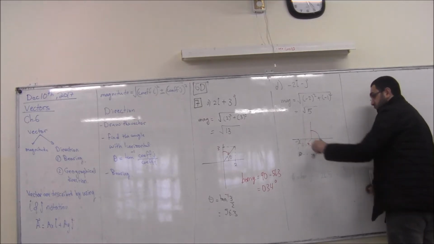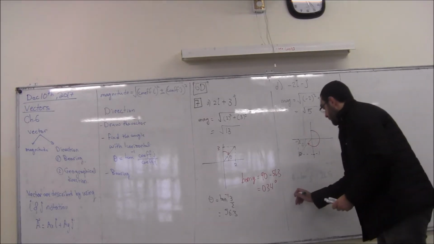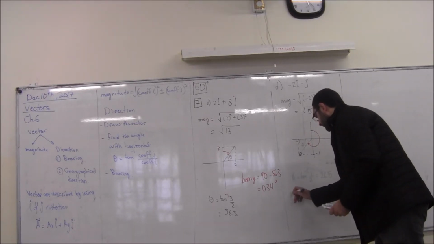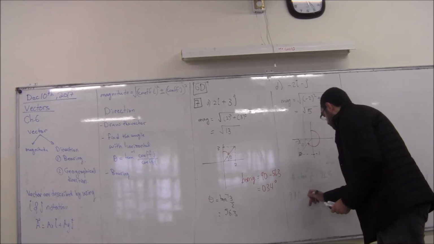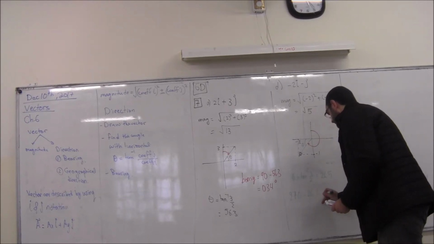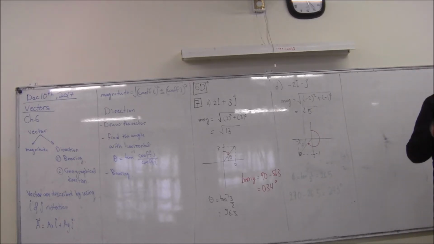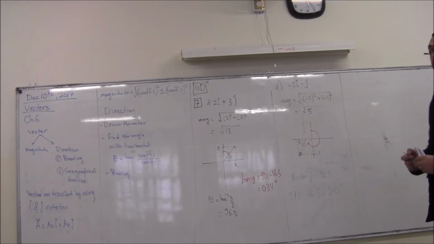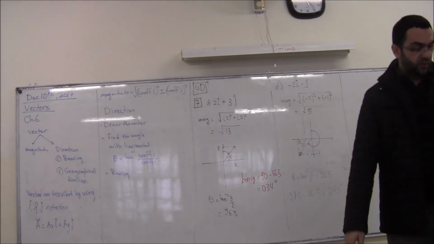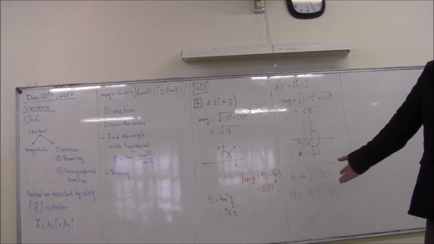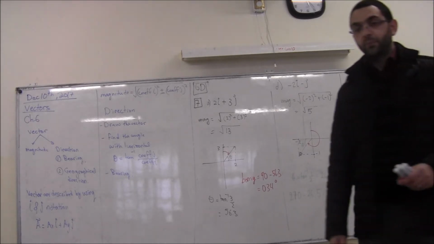So 270 minus 26.5 equals 243. To one, always we have to write the angle to the whole number, right? Clear? Any question about these things?